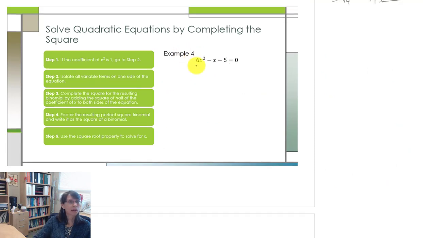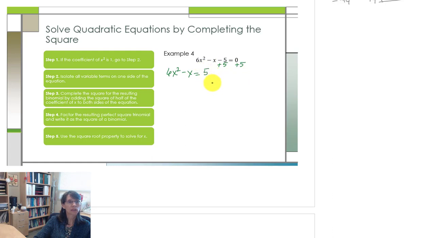In example 4, you might have noticed already that our lead coefficient is not 1. We have 6. So 6x squared minus x minus 5 equals 0. So what we'll need to do is first isolate our variable terms on one side of the equation. 6x squared minus x equals, and to move this 5, we'll be adding 5 to each side.